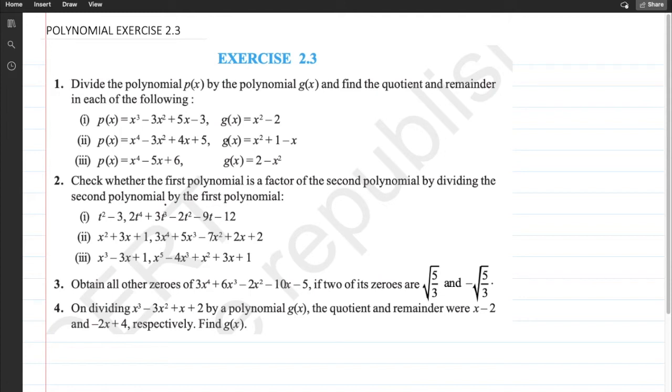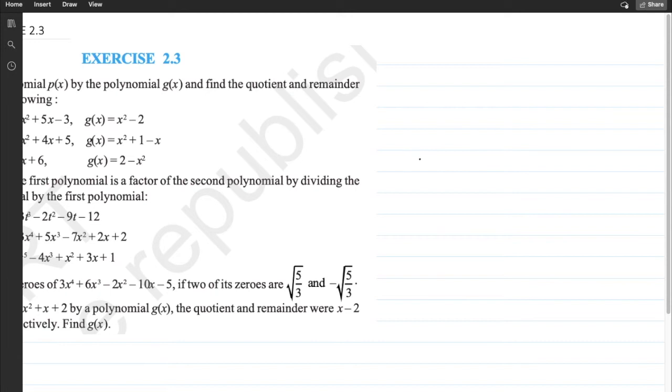Alright, so let's start. The first question says: divide the polynomial p(x) by the polynomial g(x), and find the quotient and remainder in each of the following. So this is the first question. Let's do this.